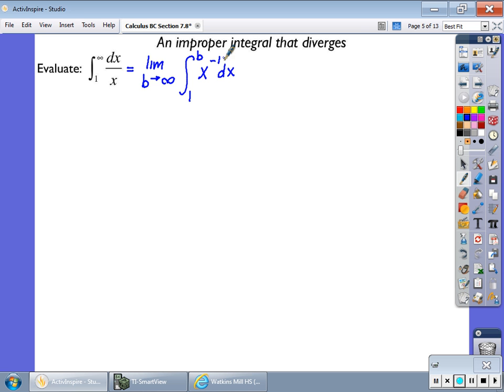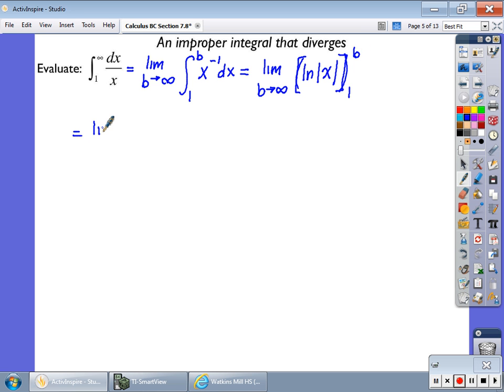Well, I know what the integral of 1 over x is. It's the natural log. So this is the limit as b approaches infinity of the natural log of the absolute value of x, evaluated from 1 to b.